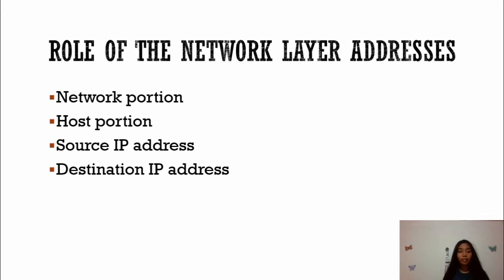We have the role of the network layer addresses. So we have here the network portion and the host portion, and the source IP address and the destination IP address.